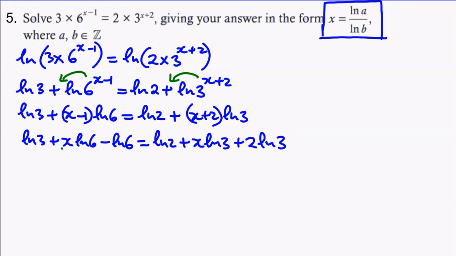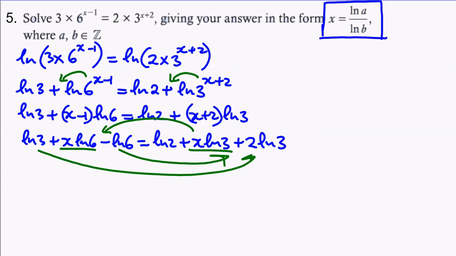So we have this term and this term, and we need to put them on one side. Maybe what you can do is bring this to the left and take both of these to the right.